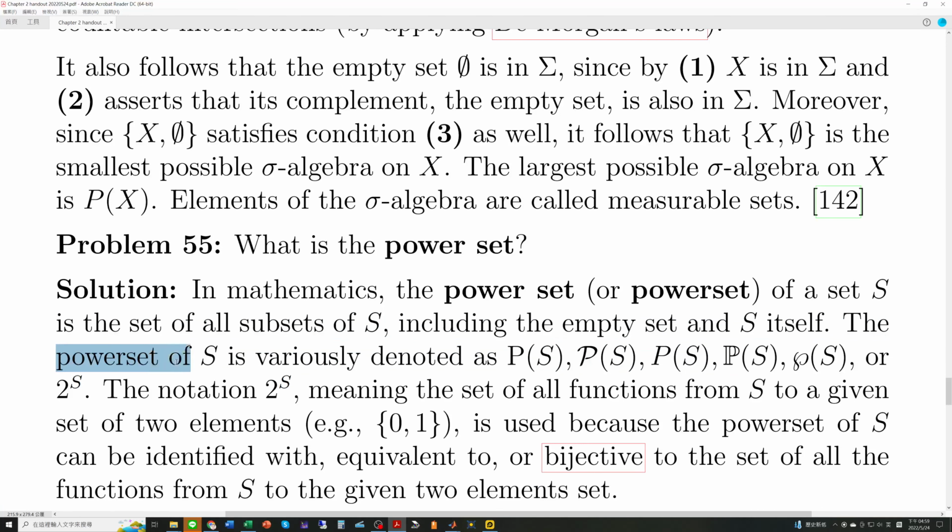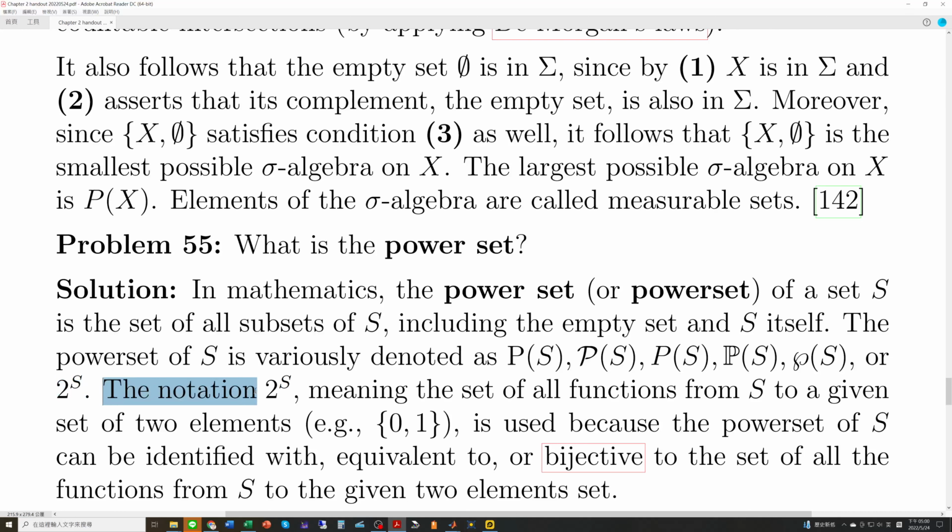The power set of S is variously denoted as P of S. You can see that these 5 symbols are all called P of S. However, P has a different font or different style. Or 2 to the power of S.